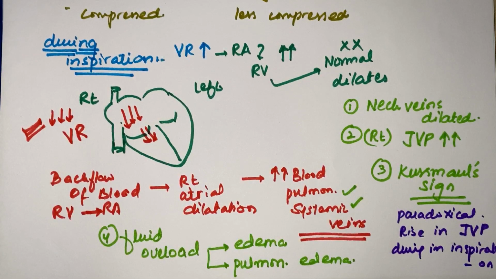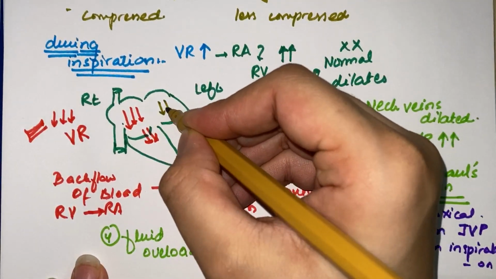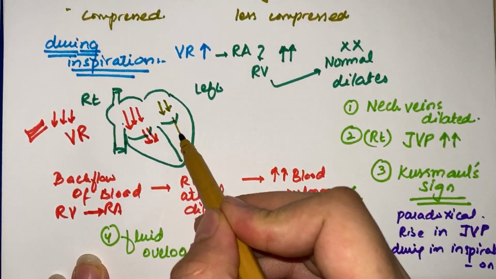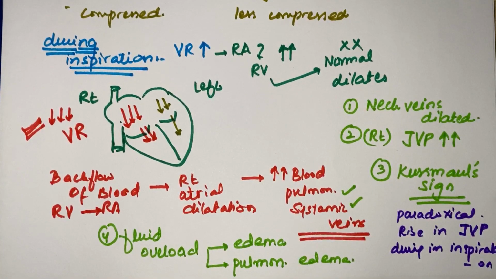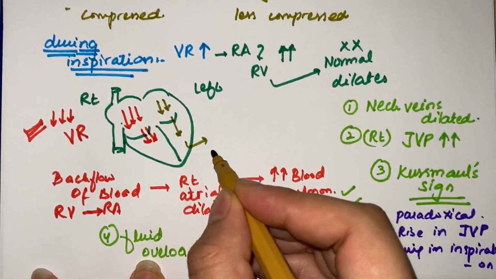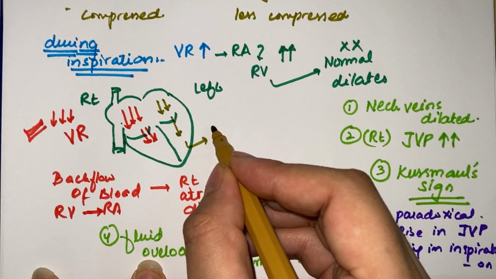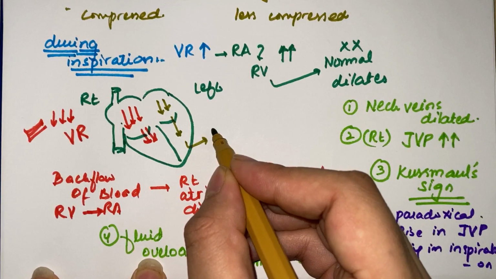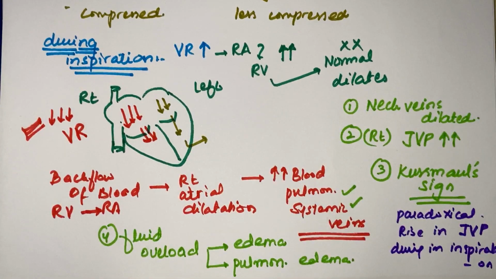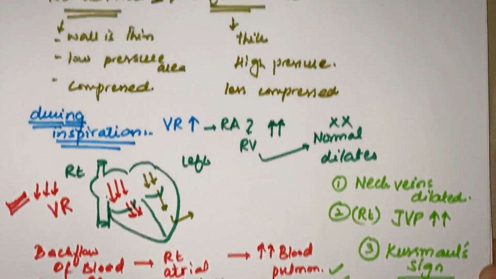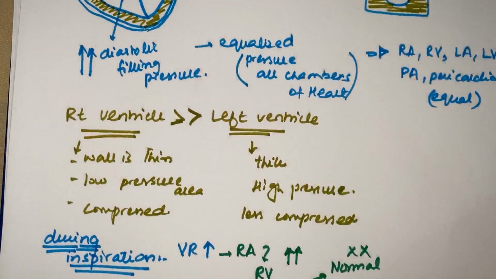So in the left atrium, less blood is coming, compared to the right side, less will move to the left ventricle, and hence less will be ejected. Of course, I'll make this again on the next page. So we'll differentiate venous return signs and symptoms from decreased cardiac output signs and symptoms.